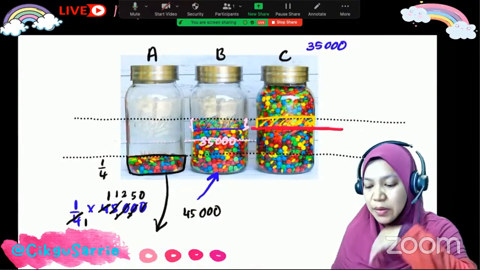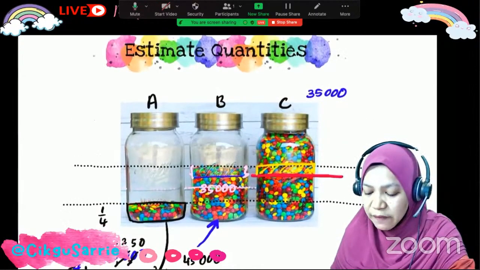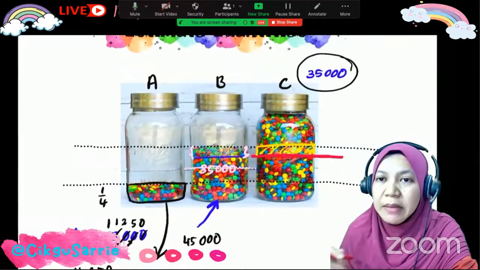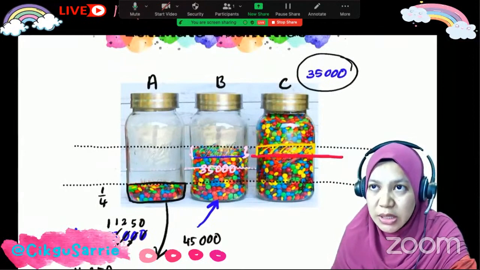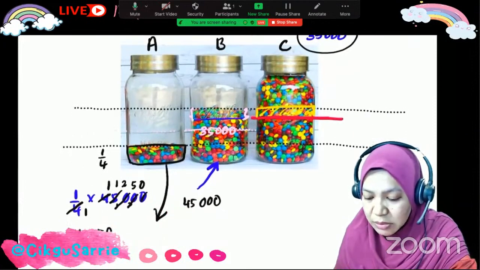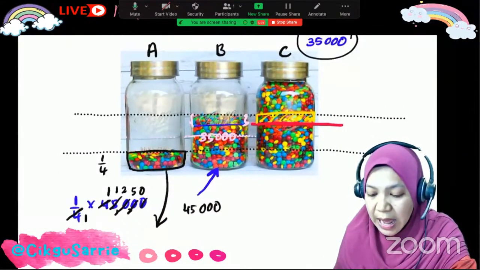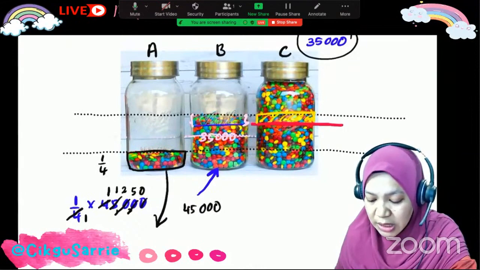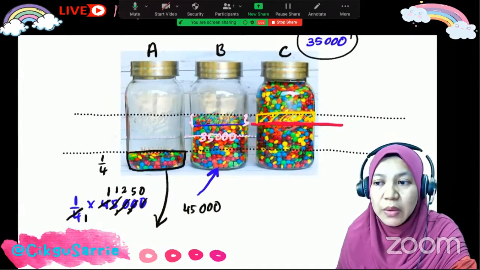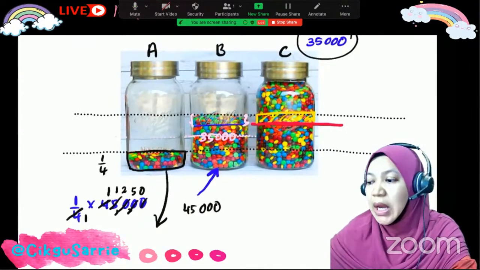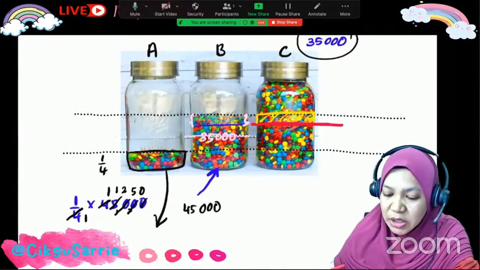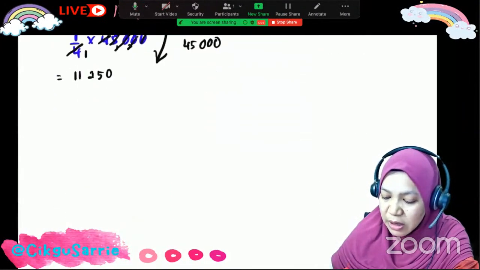If we use this information, the number of chocolates in bottle C is about 35,000, bottle B is about 45,000, and bottle A is about 11,250. That one will be the estimation. Now we will do the next explanation about rounding off.